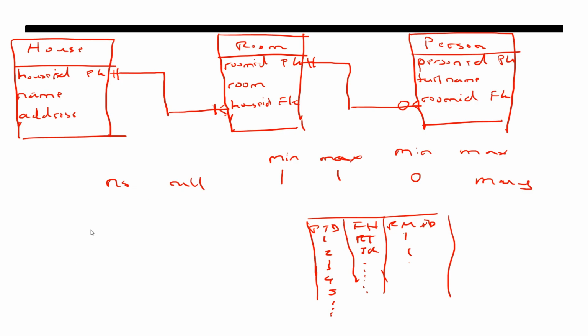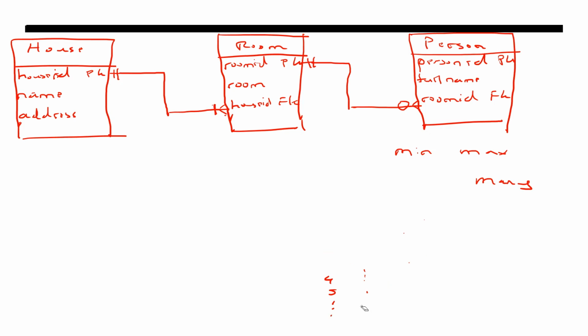Now let's take a look at the relationship that we have between the room and the appliance. To start with, let me just erase this different information here. All right. So when we're talking about the room and the appliance, let's talk about the appliance entity first of all.